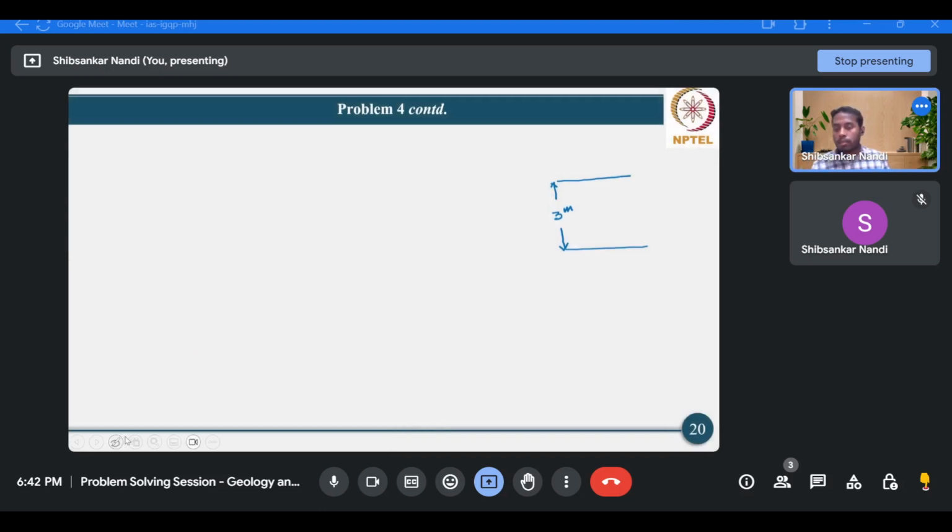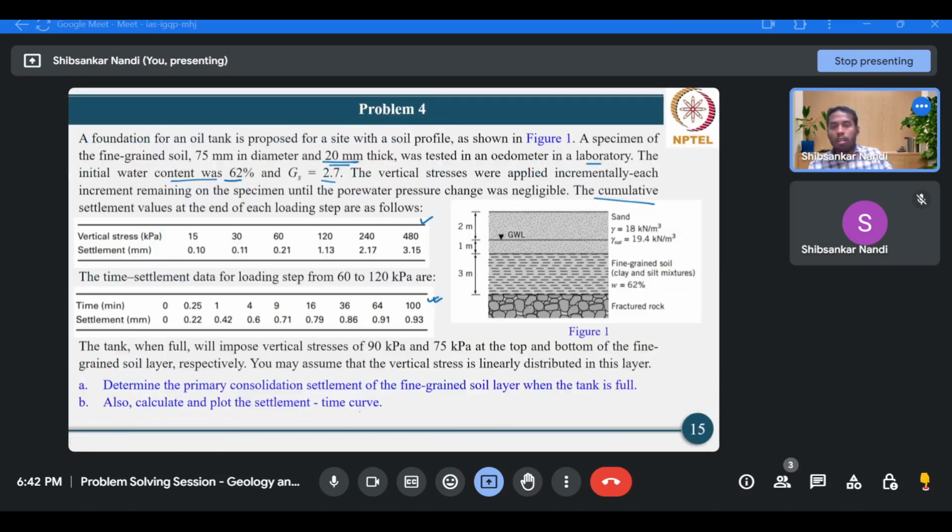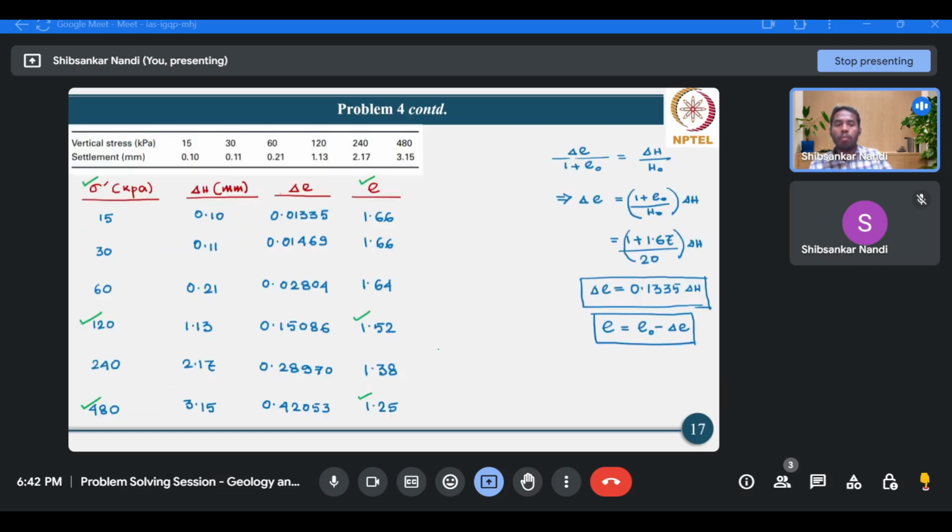That due to the oil tank foundation, when it is in the full condition, it will impose vertical stresses of 90 kPa and 75 kPa at the top and bottom.